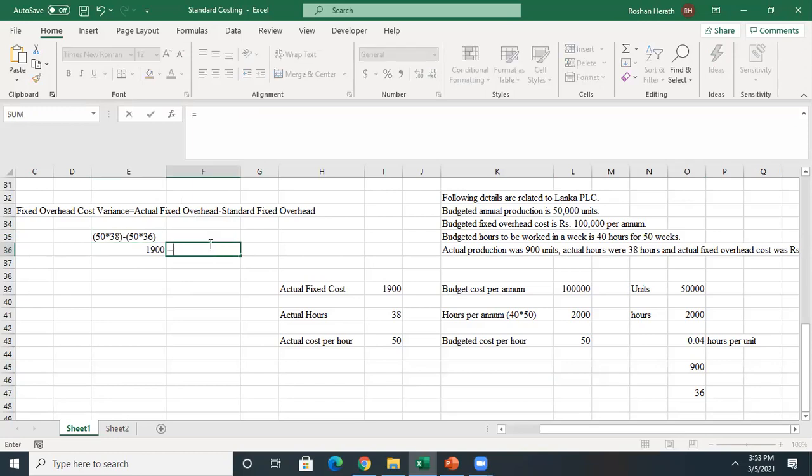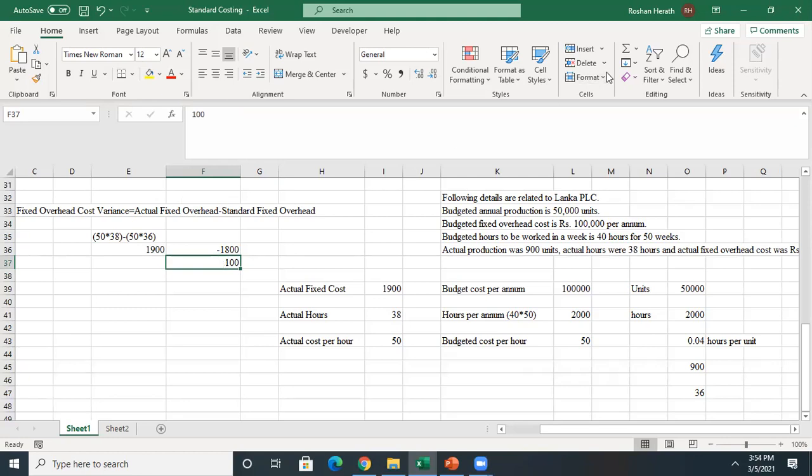If you work out 50 into 36, it's 1800. Then you can see that there's a difference of 100. And what do you think? Is it a favorable or unfavorable difference? What kind of difference is that?